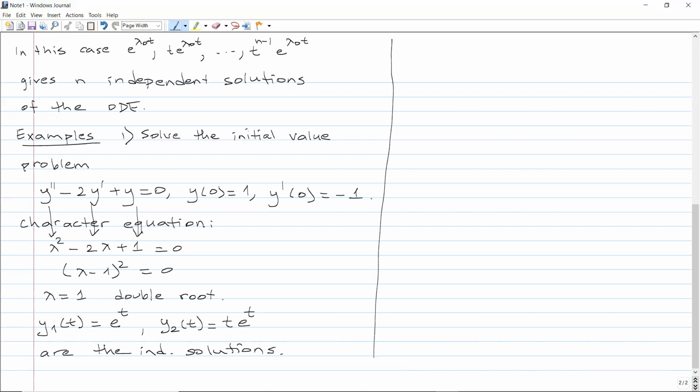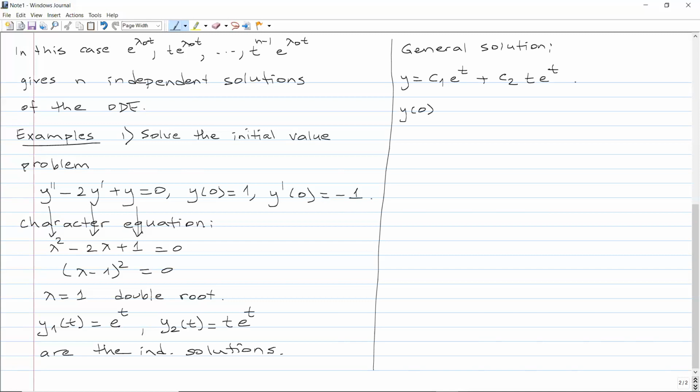So that means the general solution is of the form constant C1 times e to the t plus constant C2 times t e to the t. Now, to find the constants, we use the given initial values.